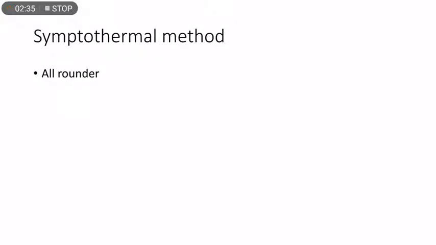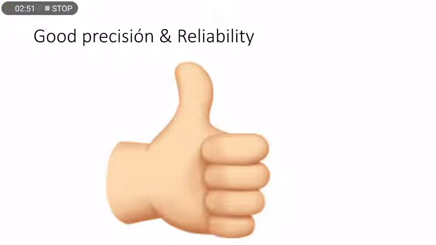So in the symptothermal method, we will be more reliable than under any other natural method setting. The main advantage of this method is that it is pretty precise and pretty reliable as well.